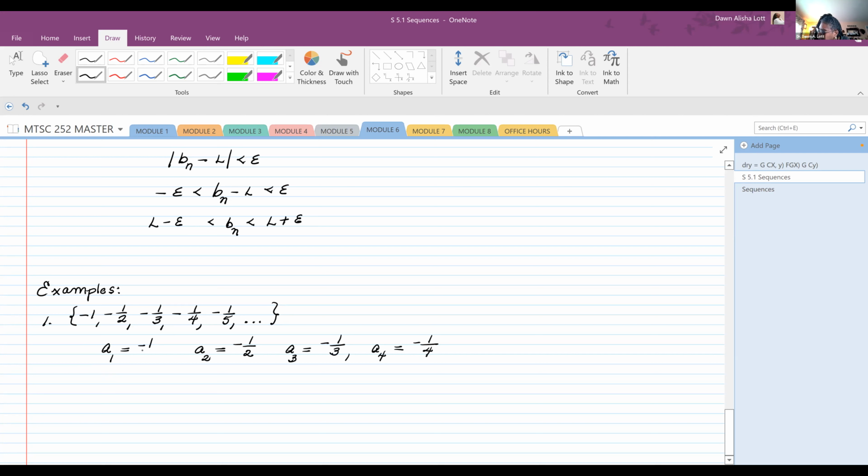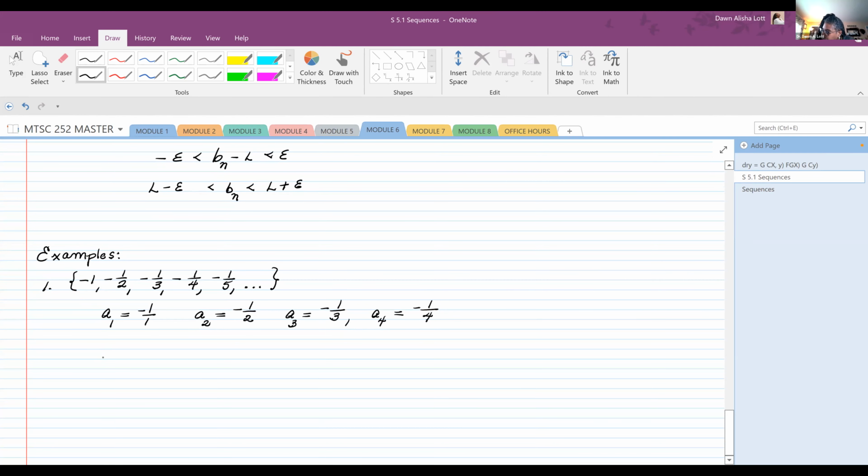So now if I go back to a_1 and divide by 1, can anybody tell me what the form of the sequence is? a_n is equal to... I have a 1 here and a 1 here, a 2 here and a 2 here, a 3 here and a 3 here, a 4 here and a 4 there. So I would expect if I have an n here, I'm going to get -1 over n.